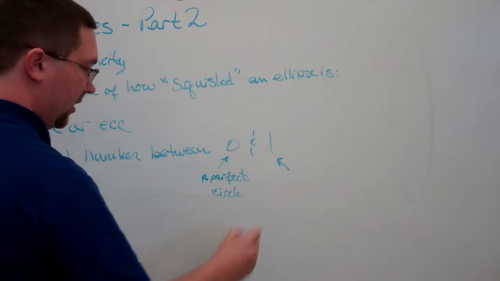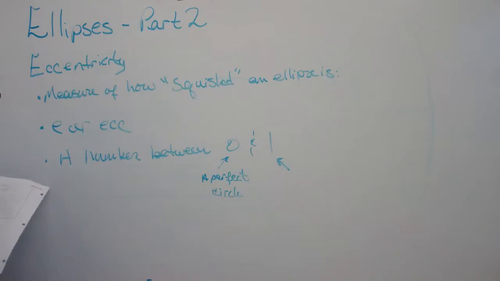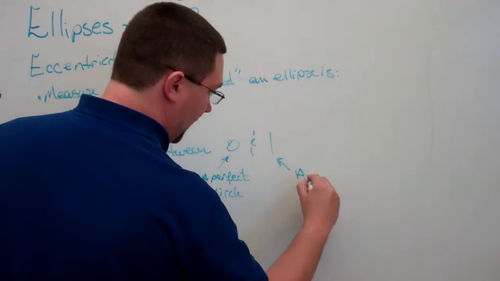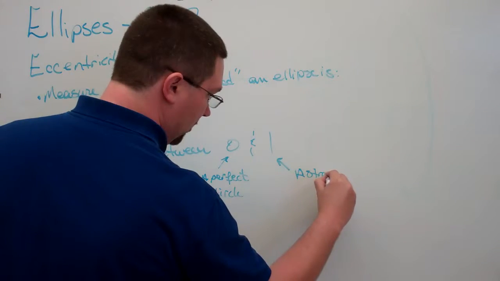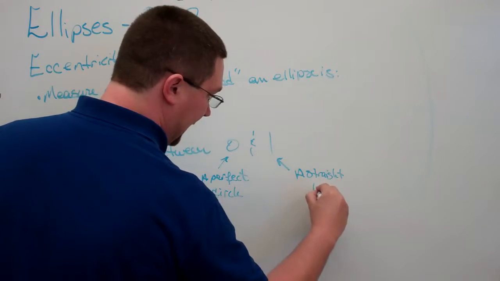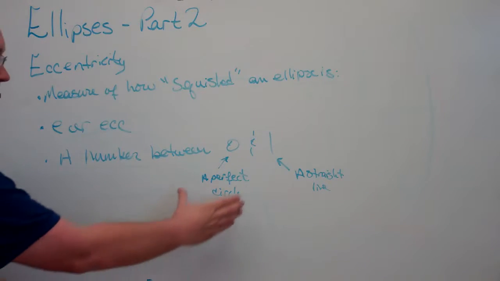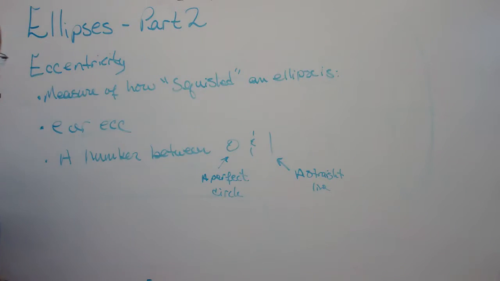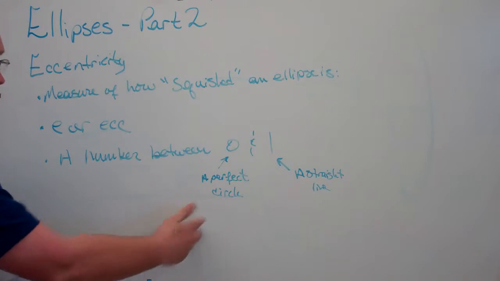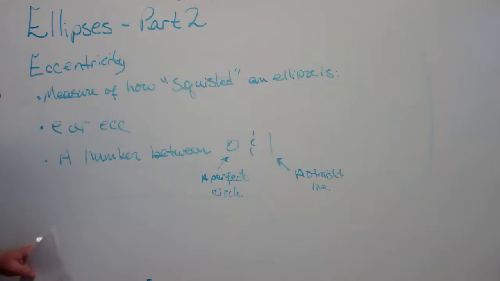And if your eccentricity were 1, you would have a straight line. So the closer to 0, the more your ellipse is going to look like a circle. The closer you get to 1, the more stretched out it's going to be.